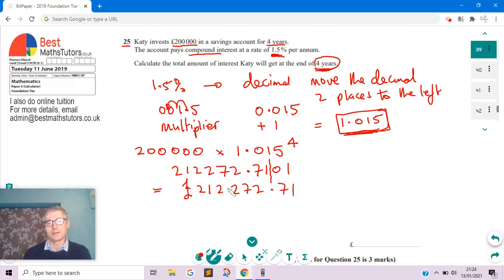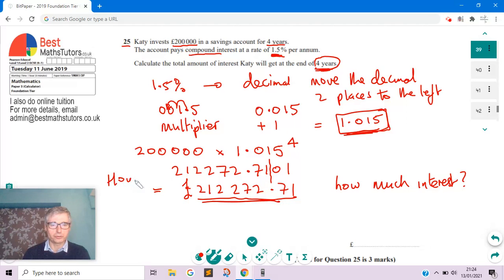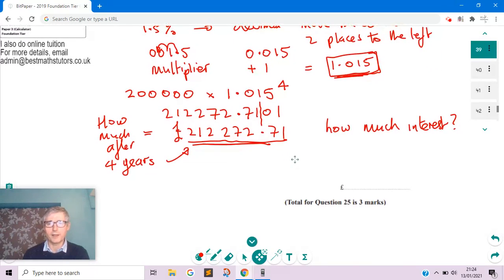So to find out how much interest we've made, since this is the amount that we'd have after 4 years, then to work out how much we've made in interest, that's the amount that's been added on to the original amount.